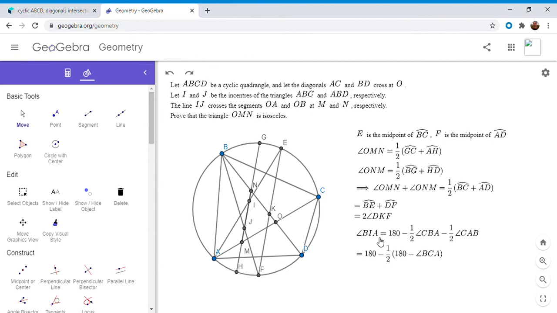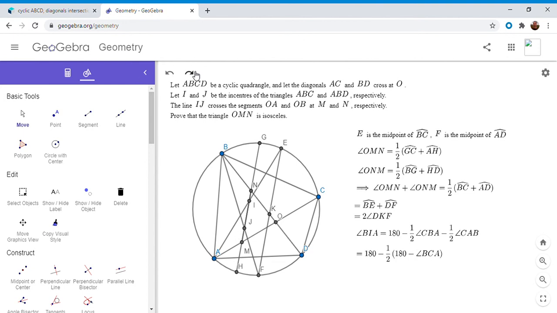Okay, so BIA is 180 minus half CBA minus half CAB, and we can pull the half out. And then CBA plus CAB, if you look at triangle ABC, that's simply 180 minus BCA. Okay, so BIA is this expression, 180 minus half of 180 minus BCA. But everything we did here, we could essentially do the same thing with angle BJA.